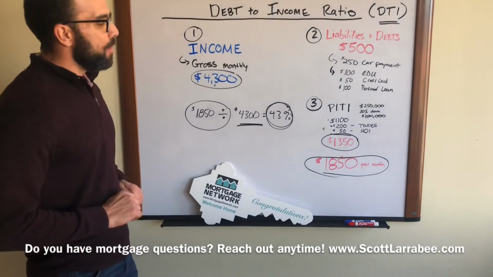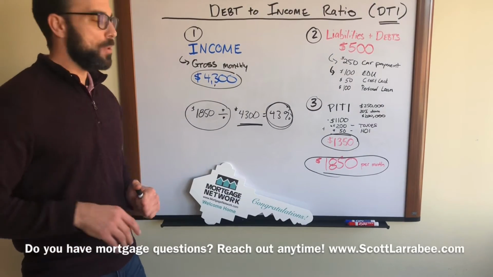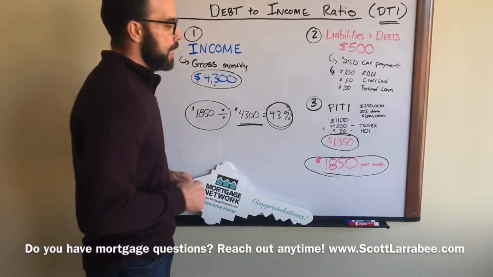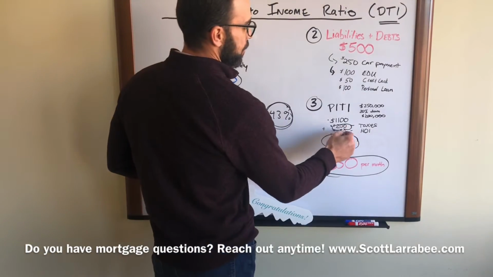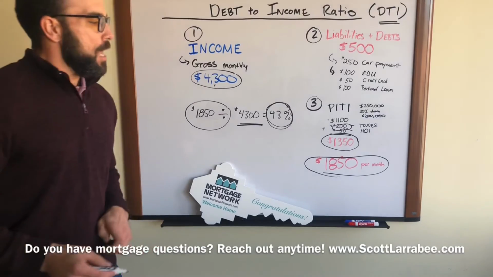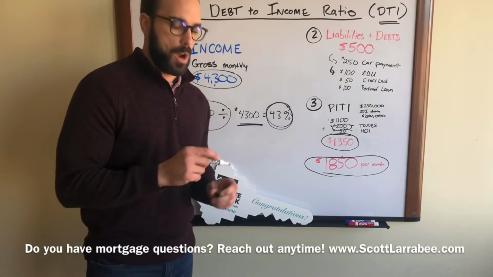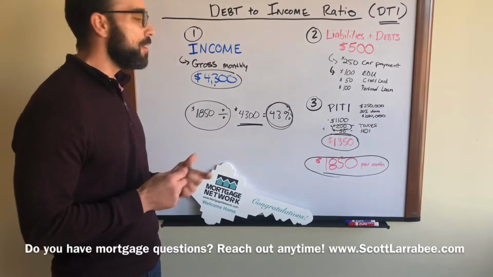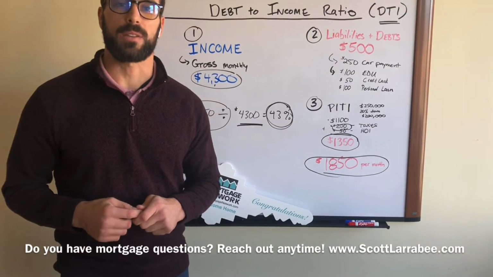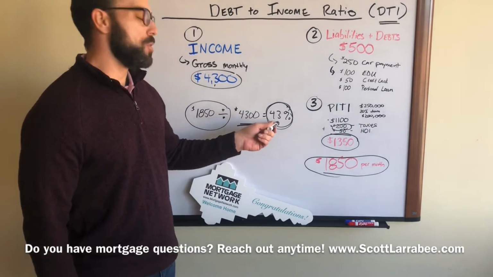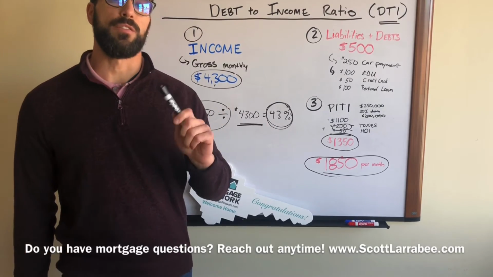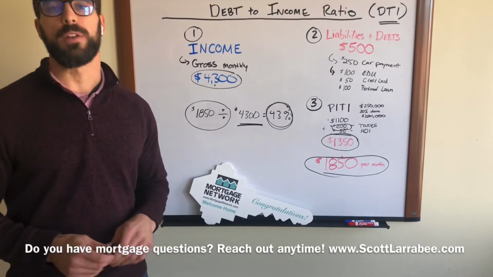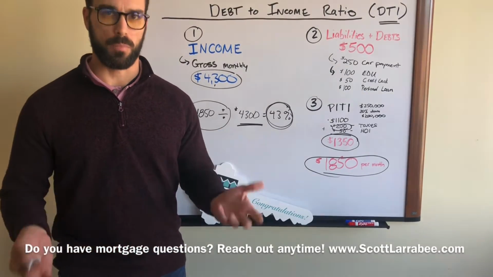But one thing to consider here and take away, and I'll end with this, is why debt to income ratio can be confusing, is just take the taxes, for instance. If you went from a property with $2,400 in property taxes every year to a property with $3,500 in property taxes, your debt to income ratio would go from 43% to 45%, because now you'd be paying about $290 a month in property taxes.